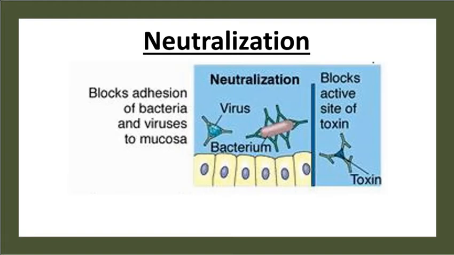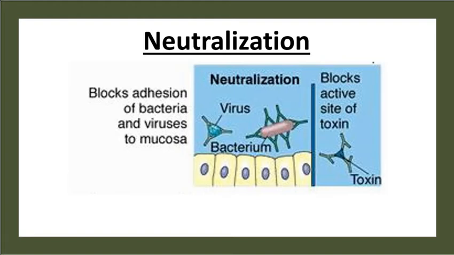You can also see on this right side right here, they can also bond to toxins that are released by the bacteria, preventing them from entering your cells. So of course, if these things can't enter into your cells, they can't damage them. So that is neutralization, to take something harmful and make it harmless.